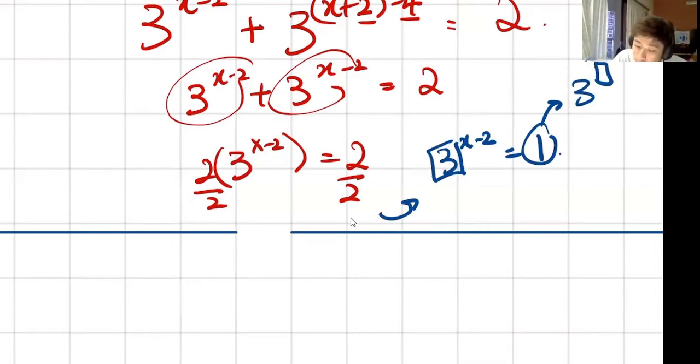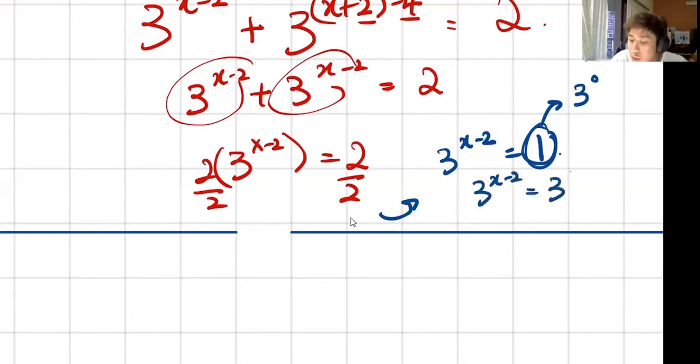In fact, 1 you can express as 3 to the power of 0, because as you have learned, anything to the power of 0 is 1, except 0 to the power of 0, of course. So I've expressed 3 to the power of x minus 2 is equals to 3 to the power of 0.